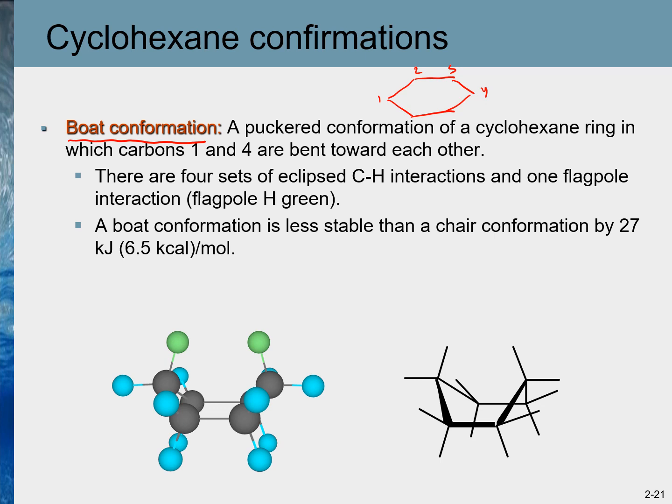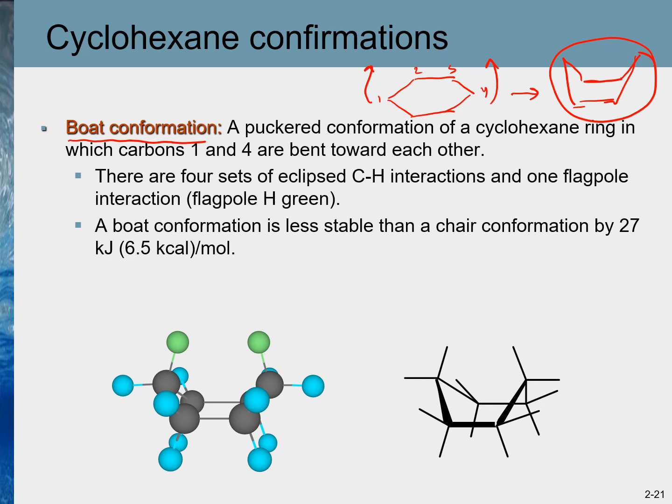In chair conformation, one goes below the plane, the other one is above the plane, but in boat conformation, both of these move in the same direction. So cyclohexane will adopt a geometry or a conformation which looks like a boat, and hence it's called boat conformation.